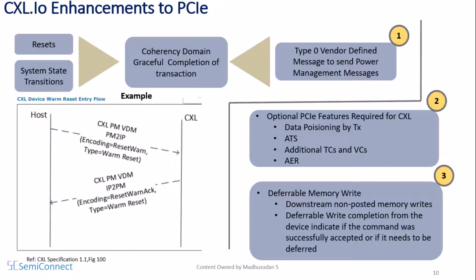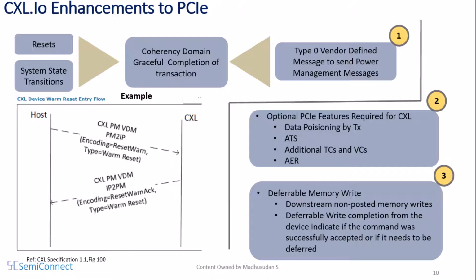So at the transport level, CXL has defined some vendor defined messages which are type 0 messages, right, which go all the way to the endpoint to send the power management messages.